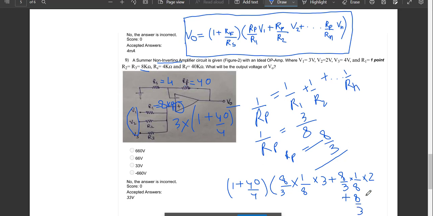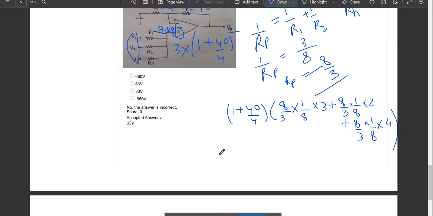8/3 into 1/8 into 4. So here we got 11. 8 cancels, 3 cancels.